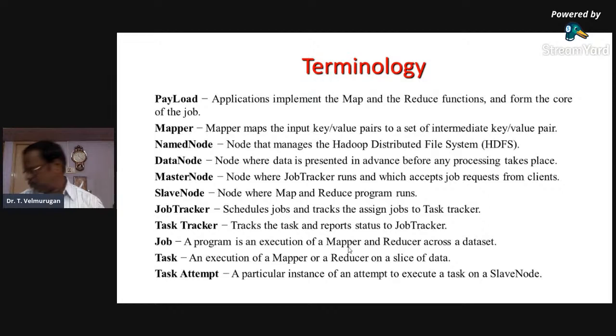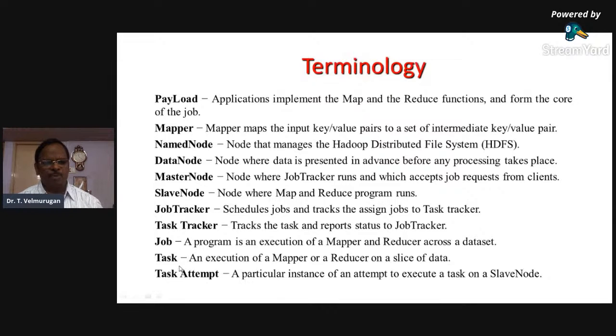Now what is the use of this terminology of the MapReduce method? There are various terminologies effectively utilized. Already we discussed the name node, data node, master node, slave node, job tracker, task tracker.